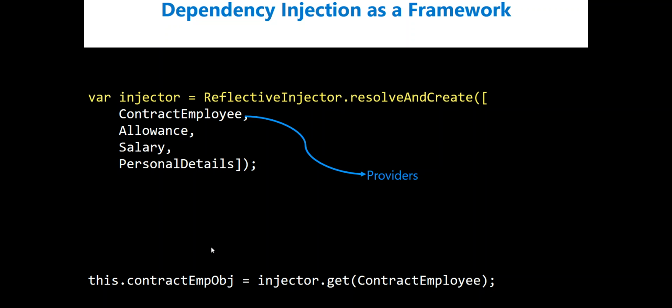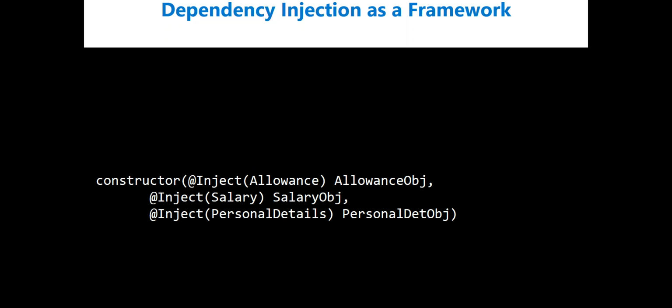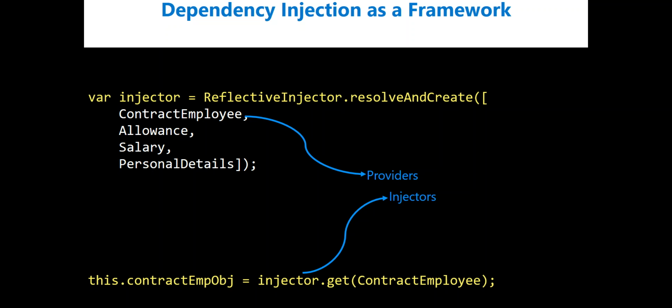Anyway, let me show you the source code as well. This is for the injector. Now I have another question: we have told everything, but how does the injector know which are the dependencies? There are so many things.